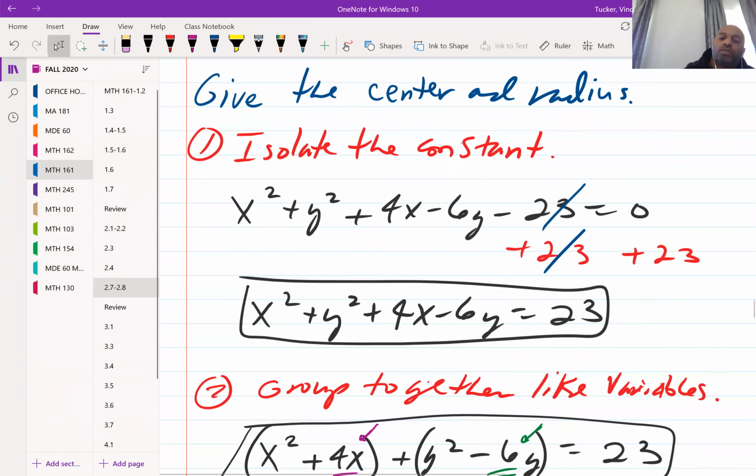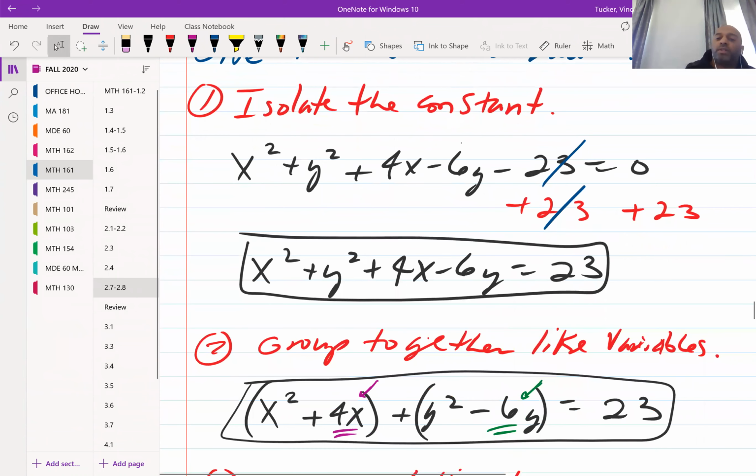Step 2, group together the like variables. So we took our x terms, put them together in one set of parentheses, took our y terms, put them together in another set of parentheses. Any questions?